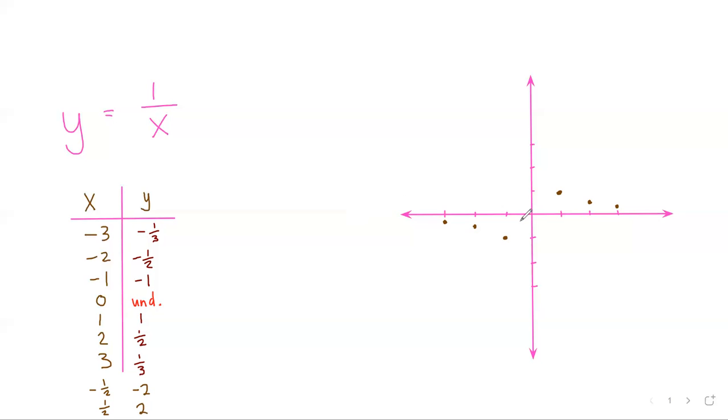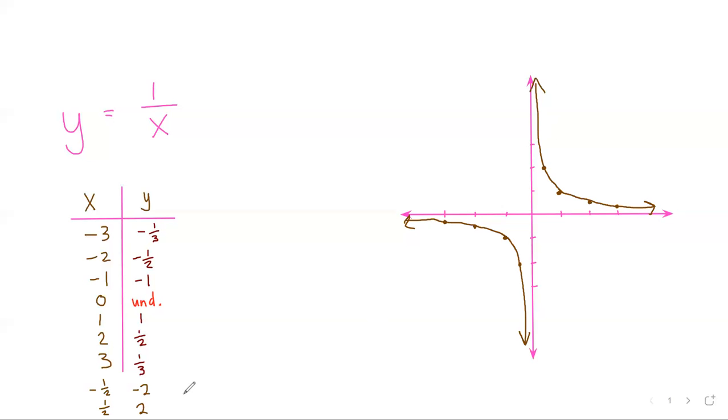When x is -1/2, y is -2. And when x is +1/2, y is +2. And maybe that will give us a bit more of an idea of the shape. So this graph is going to be in two separate parts here. That, and then a similar looking thing on the other side here. Okay.